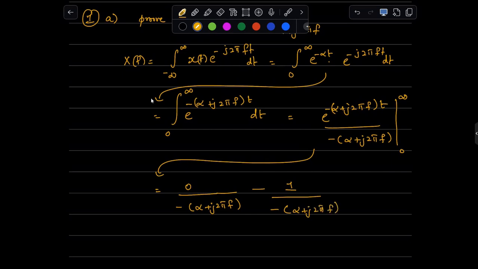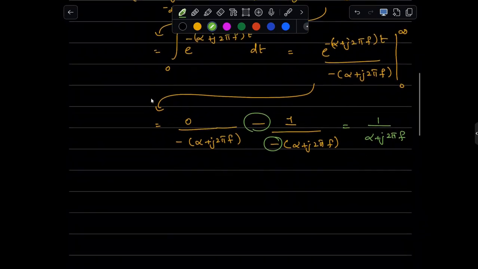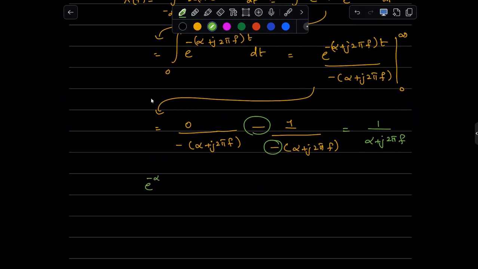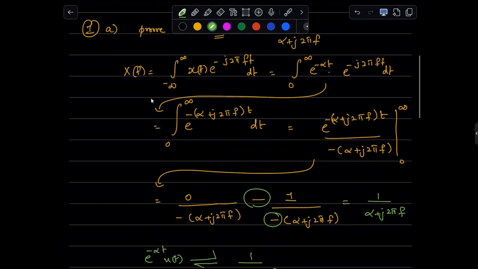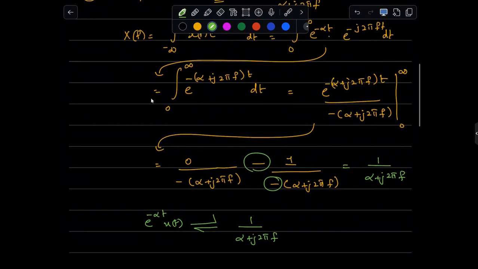There are two minus signs here, and minus and minus will cancel, so finally it becomes 1 over alpha plus j2 pi f. So e power minus alpha t into u of t has the Fourier transform 1 over alpha plus j2 pi f. So we have seen how to solve part A.